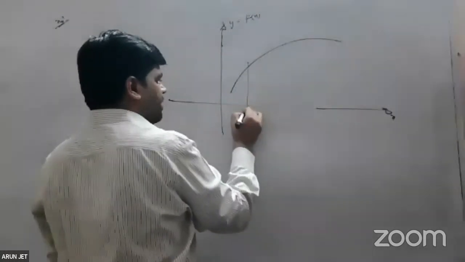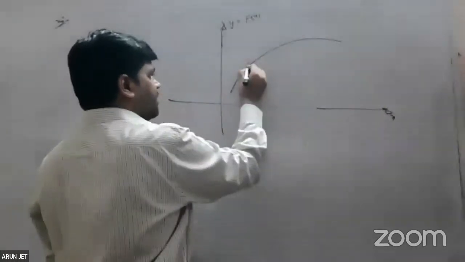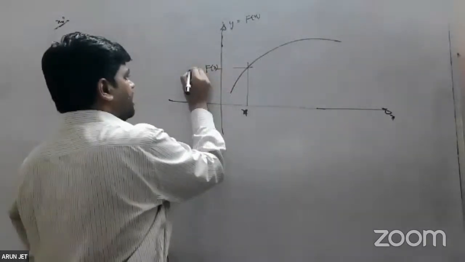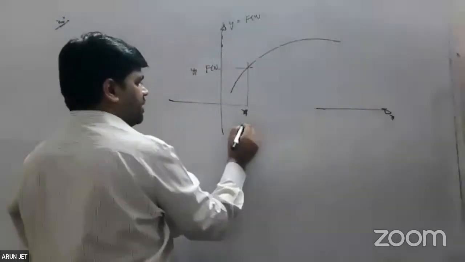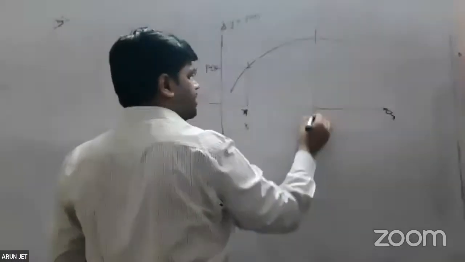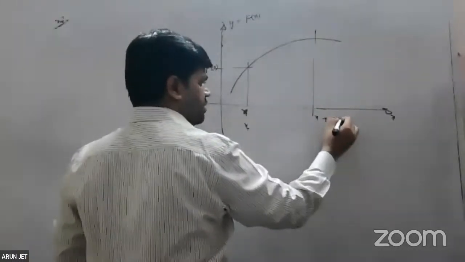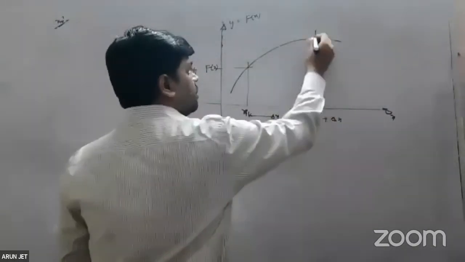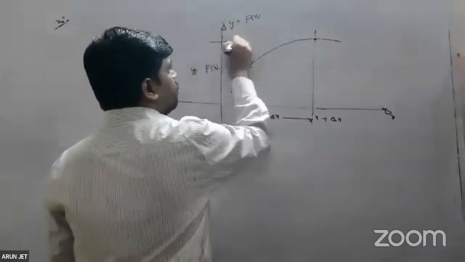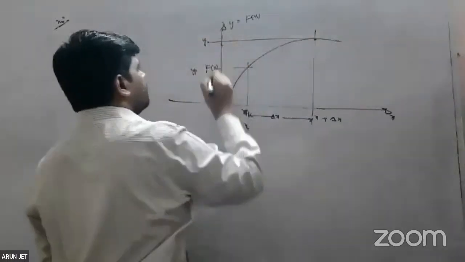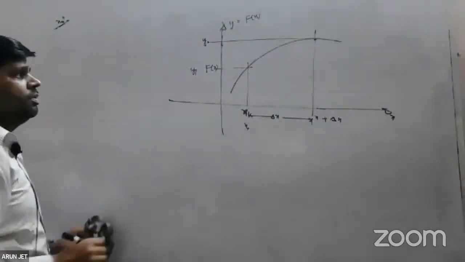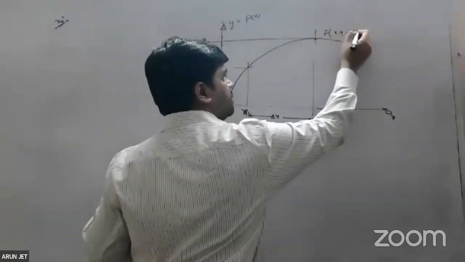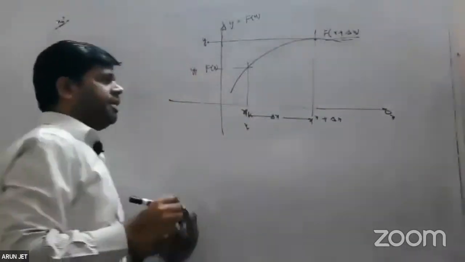At x, I've got some function value which is f of x. Let that be y1. This is x1. At x2, which is x plus delta x, I've got another point having a value of y2. What's the value of y2? F of x plus delta x, right?